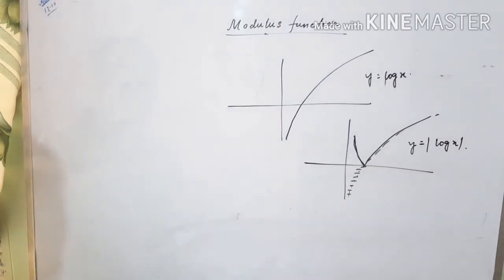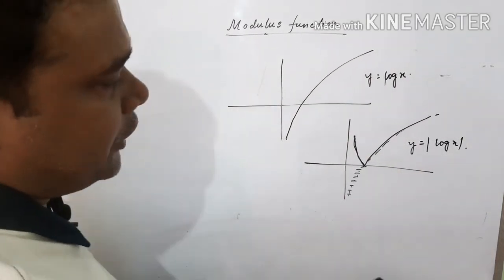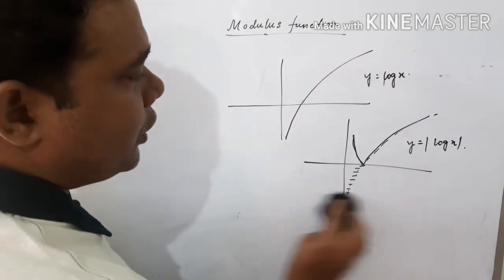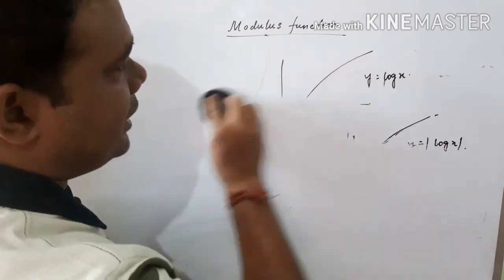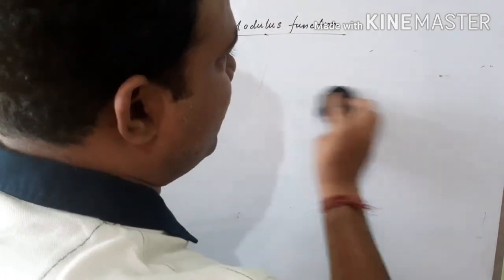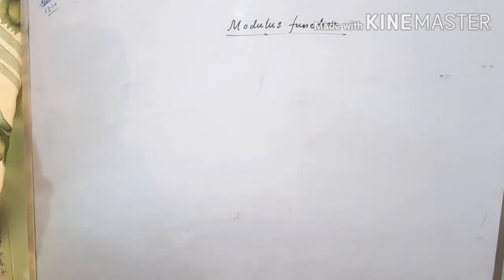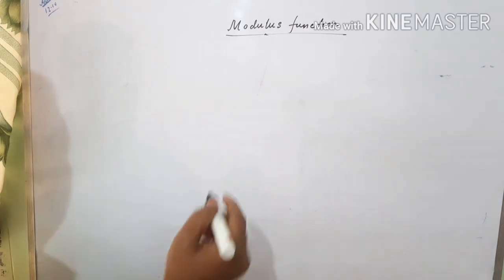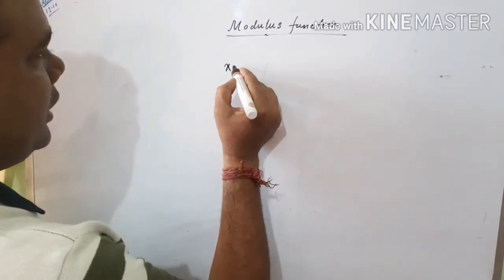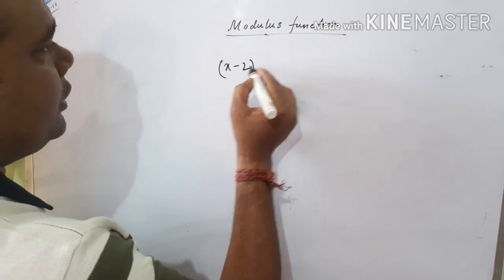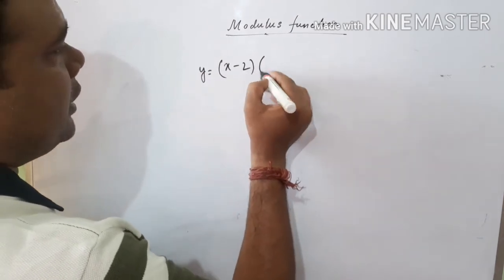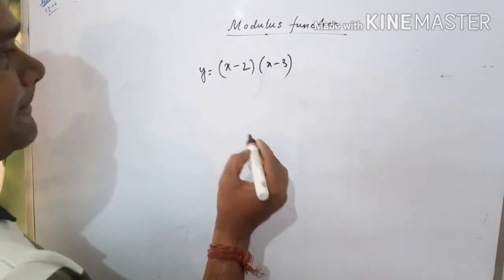We have already learned in our previous class what the wavy curve method is. So let's take an example of drawing the mod function based on the wavy curve method. Let us take the expression y equal to x minus 2 into x minus 3.